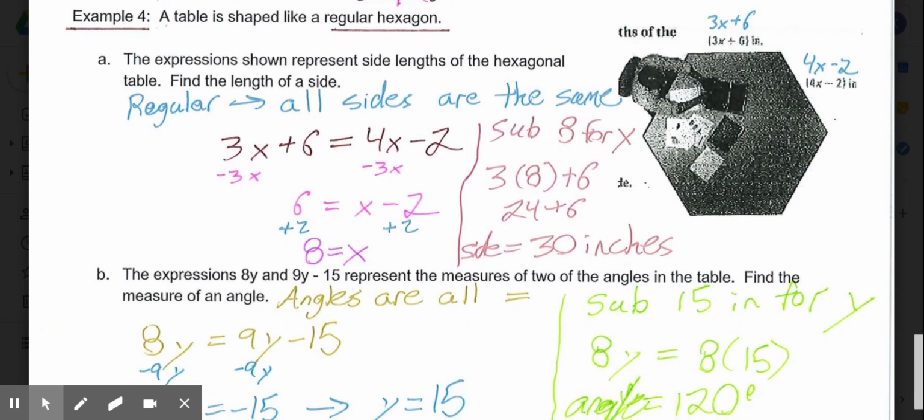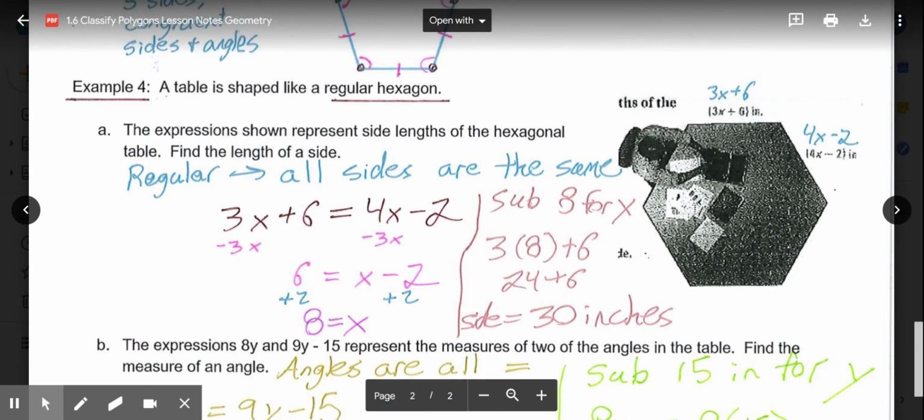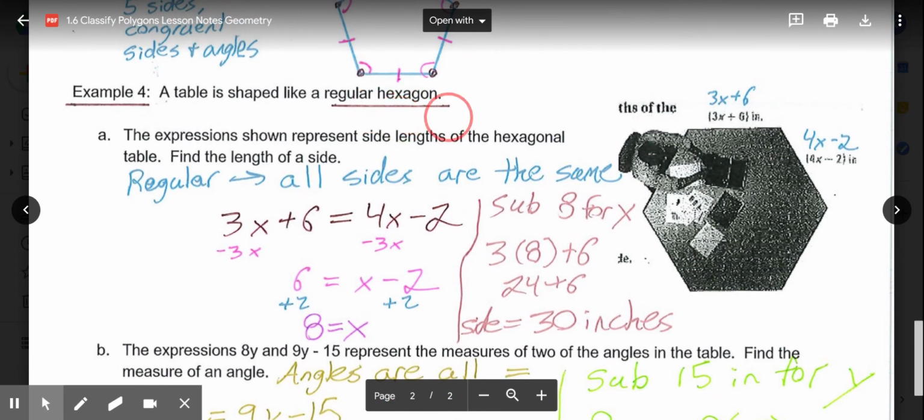Now, example 4 is using this property and these different definitions to look at a word problem and do it algebraically to figure out the scenario's answer. So when we look at this scenario, first it tells us the table is shaped like a regular hexagon.